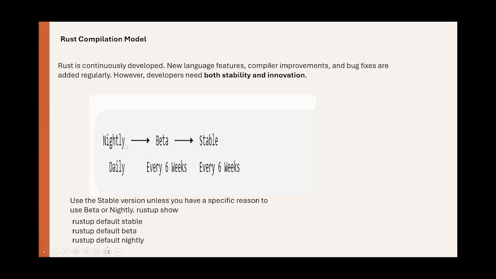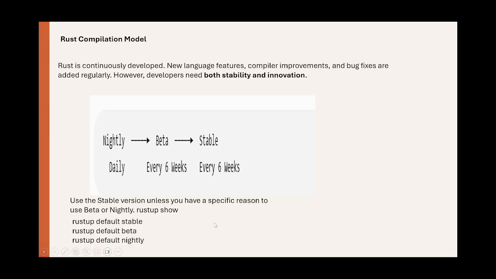One beautiful thing about Rustup is that you can install all three toolchains simultaneously: stable, beta, and nightly. Switching versions doesn't require uninstalling the compiler and reinstalling. Switching between them is so easy. They can coexist on the same machine.